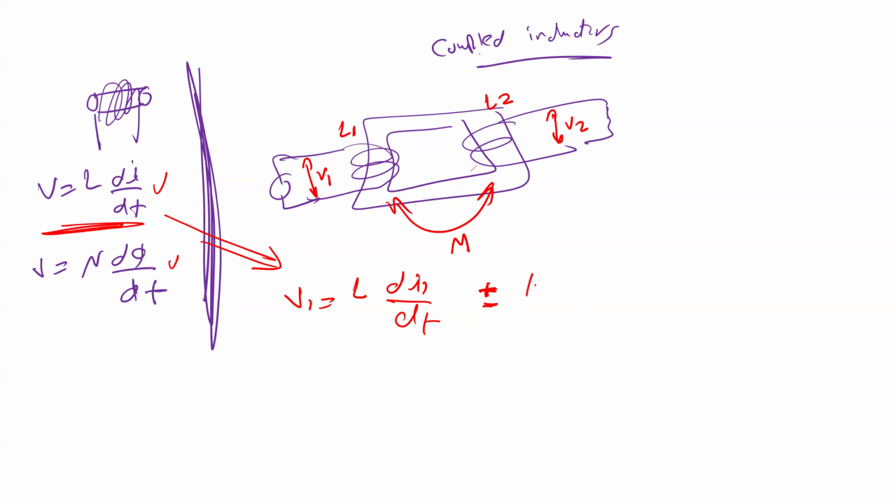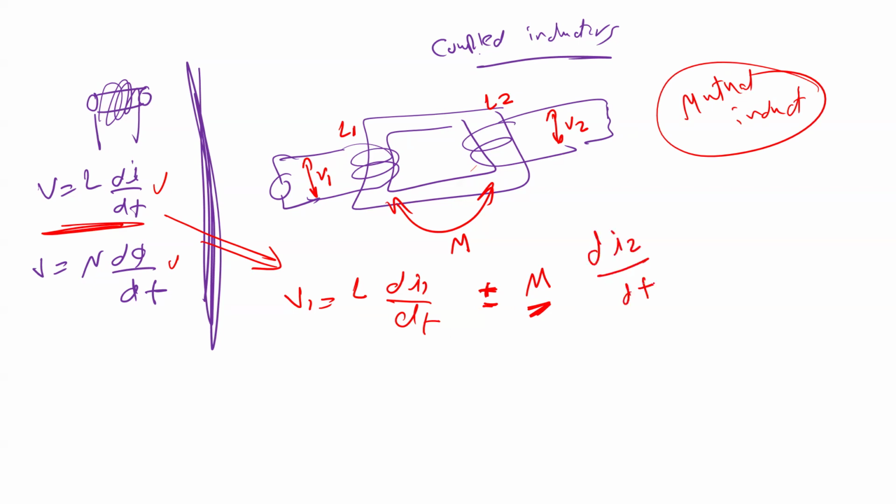So here should be M, which is the mutual inductance, which actually reflects the impact. Anything between the two should have M, and then you have di2 divided by dt. Okay, so again, this is the old one we have: voltage across an inductor equal L di by dt.